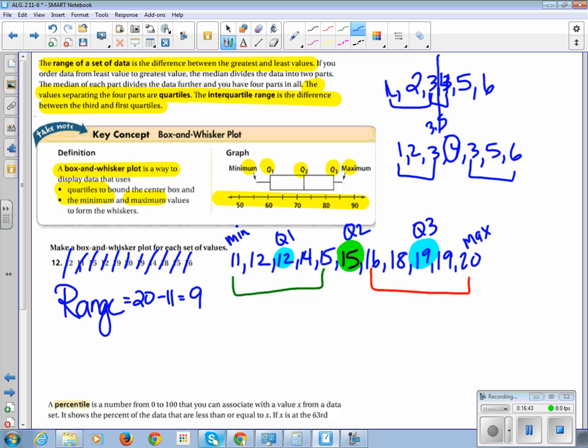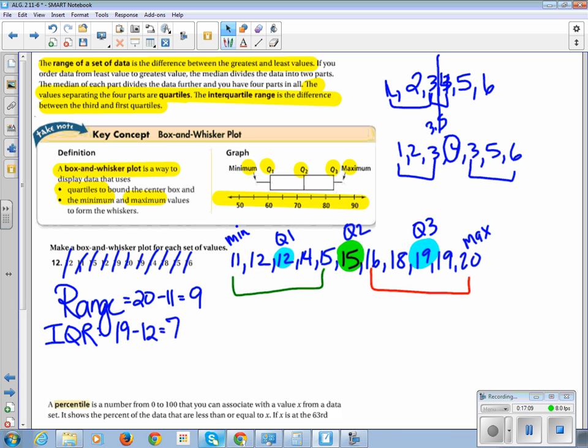What this tells me is that there are 9 values between my first and my last data point. My interquartile range, or as I like to call the IQR, is how many numbers are between Q3 and Q1. And it is 19 minus 12, which is 7.